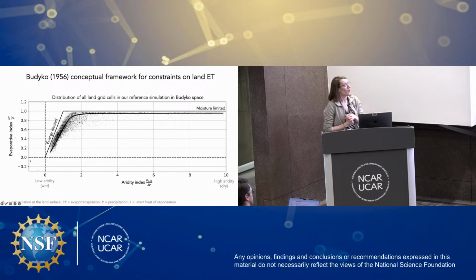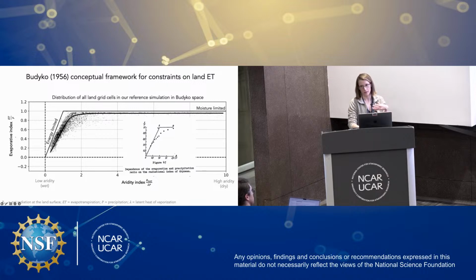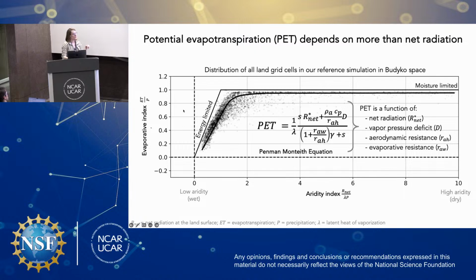If we plot all of the land grid cells from our reference coupled simulations in this Budyko space, we see that transition from energy limited to moisture limited across this characteristic Budyko curve, just like we'd expect. And just to note that since I'm using this old school aridity index, we should really think of points in the energy limited domain as being limited by potential evapotranspiration rather than just by net radiation.